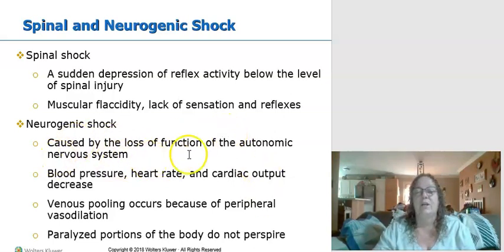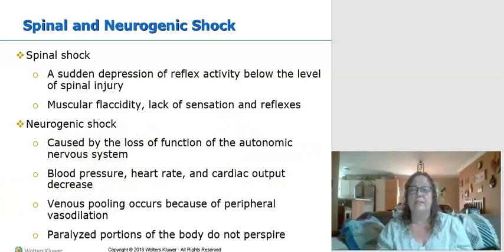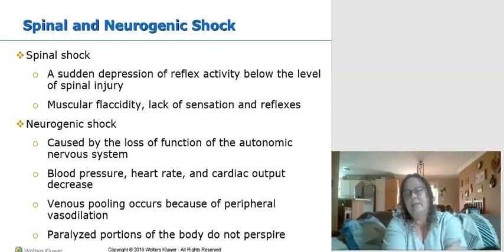So neurogenic shock causes a loss of function of the autonomic nervous system. Blood pressure, heart rate, and cardiac output decrease, right? So you get bradycardia, you get low blood pressure, and decrease related to the decreased cardiac output.